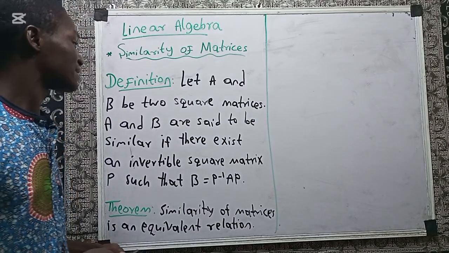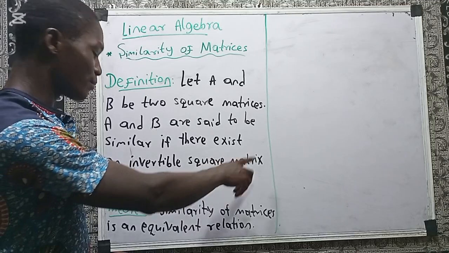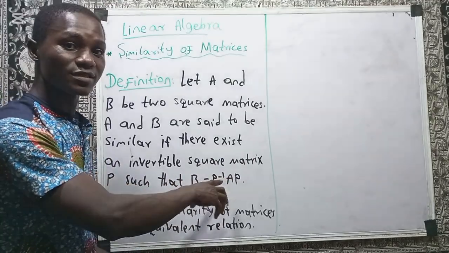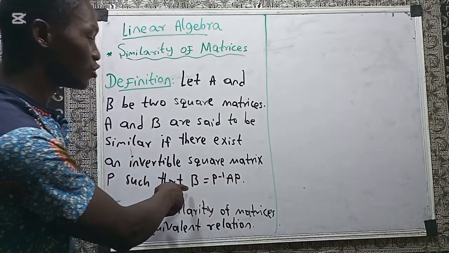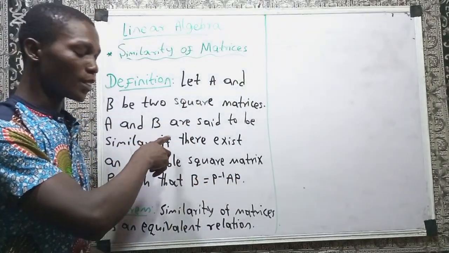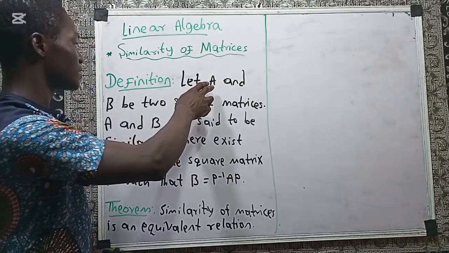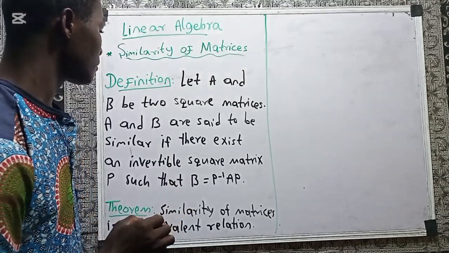A and B are said to be similar if there exists an invertible square matrix P such that the inverse of that square matrix P multiplied by your matrix A multiplied by P will give you your matrix B. Then when this happens, we say that these two matrices A and B are said to be similar.